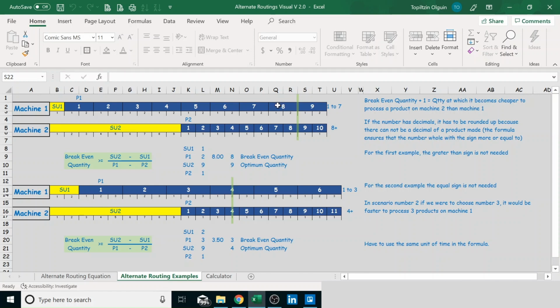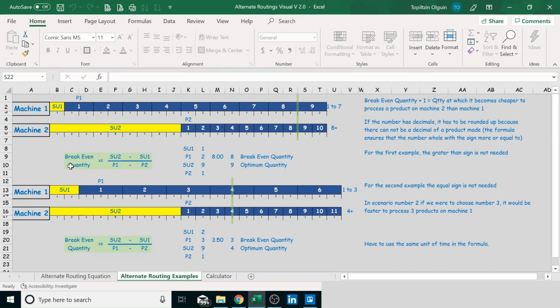Basically, it's telling us that if we're going to build 8 pieces of this product, it's going to cost us the same on machine 1 as on machine 2. The time is the same. What I call the optimum quantity, which would be 8 plus, or 9 to infinity, you build on machine 2. From 1 to 8, you build on machine 1.